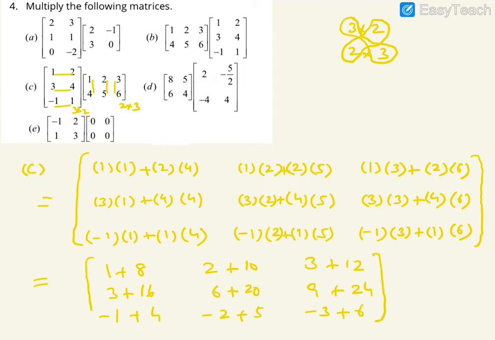Just simplifying addition and subtraction. So 8 plus 1 is 9, 10 plus 2 is 12, 12 plus 3 is 15, 16 plus 3 is 19, 26, 24 plus 9 is 33, and 4 minus 1 is 3, 5 minus 2 is 3, 6 minus 3 is 3. So the order of this product is 3 into 3. Hope this answers the question.